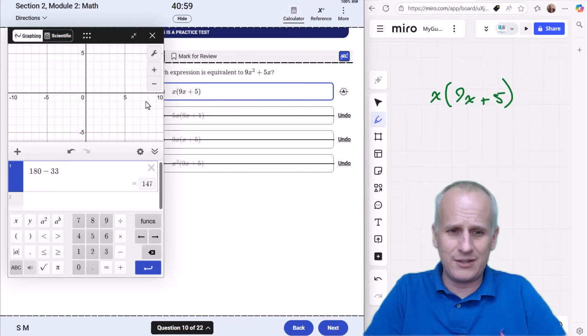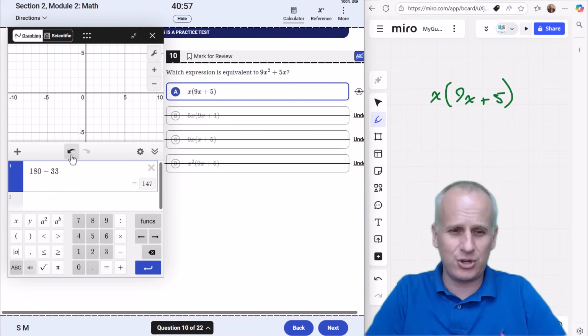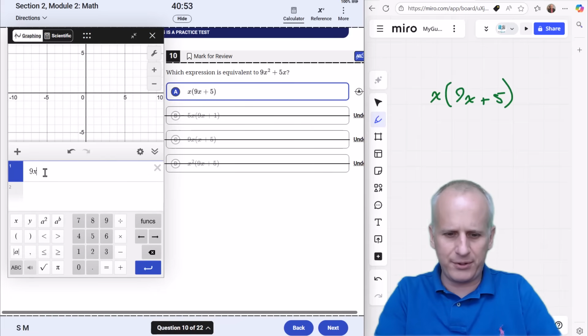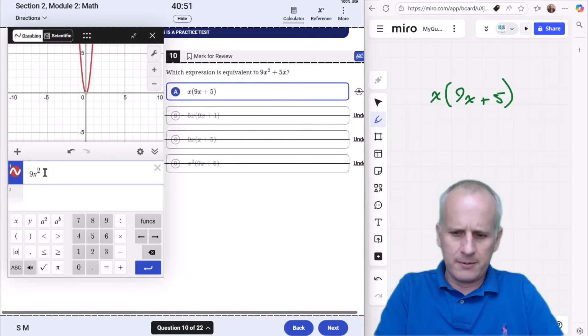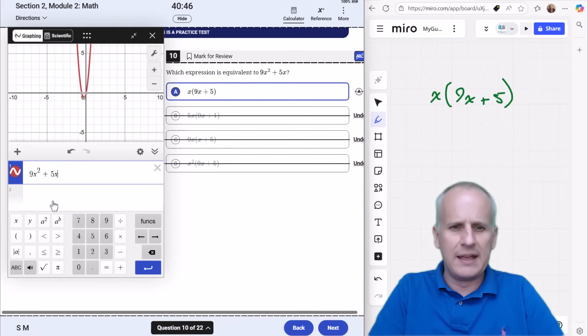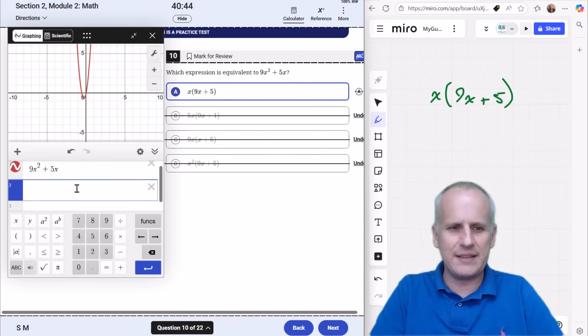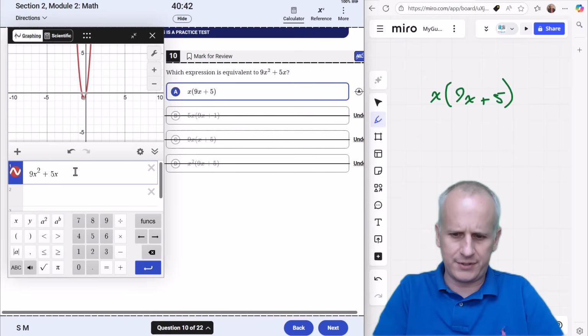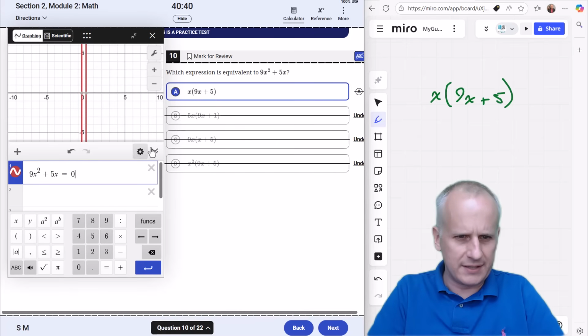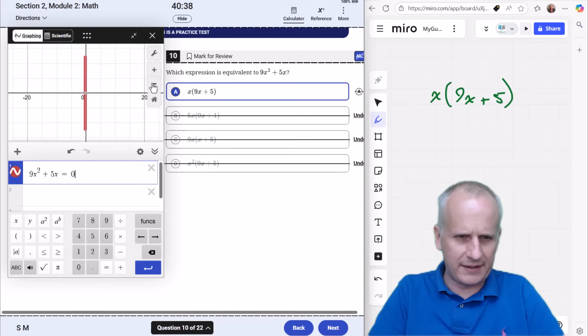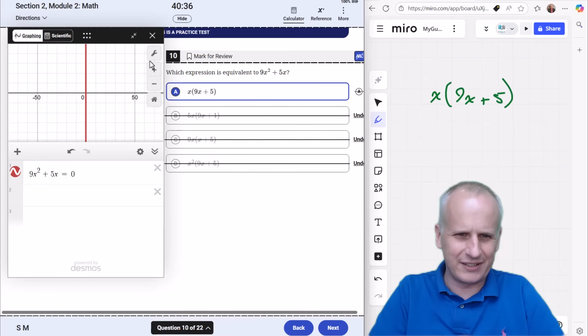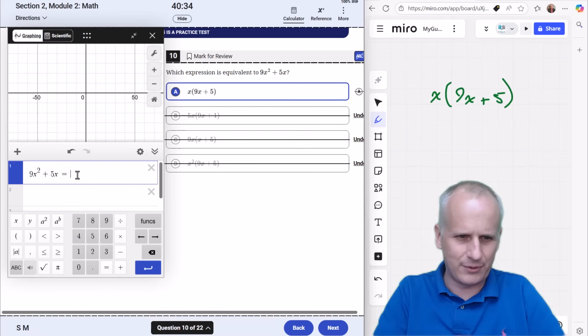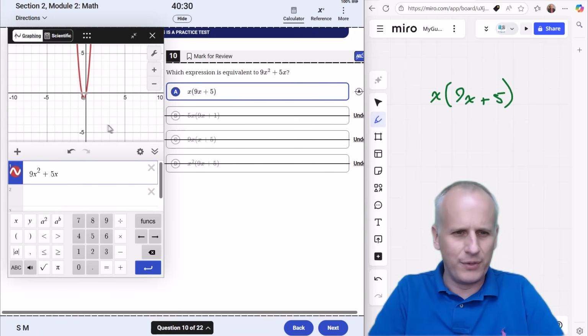And one more way that you can engage with this, just to show you how the Desmos tool can be used, is if I put in 9x squared plus 5x here, I get that equation. I'll keep it as just 9x squared plus 5x. It's still going to be easier to see in this fashion.